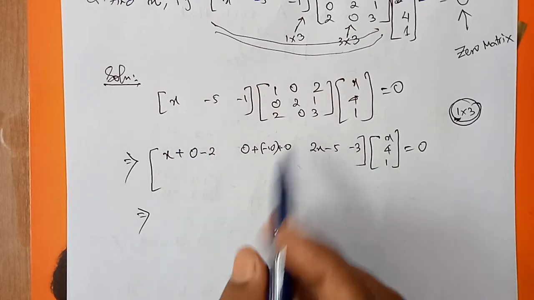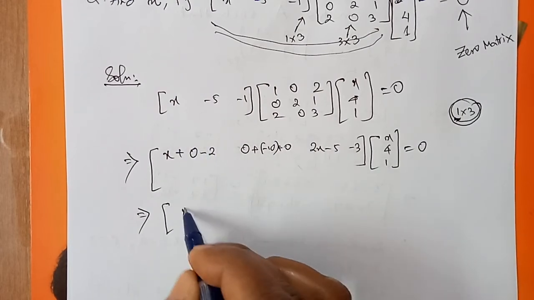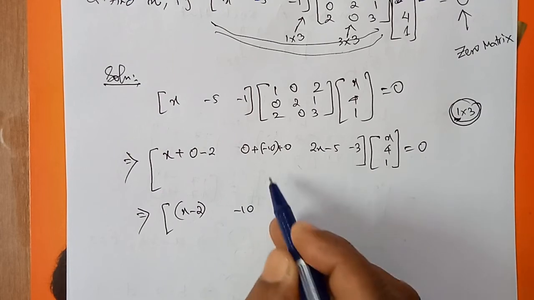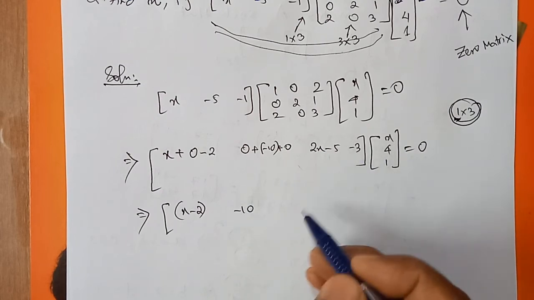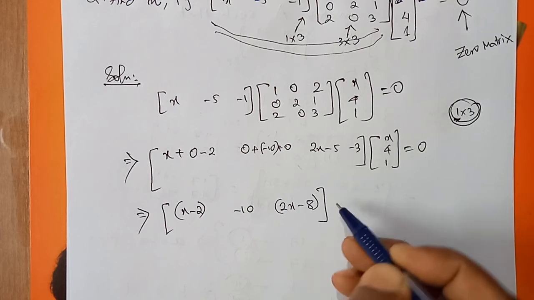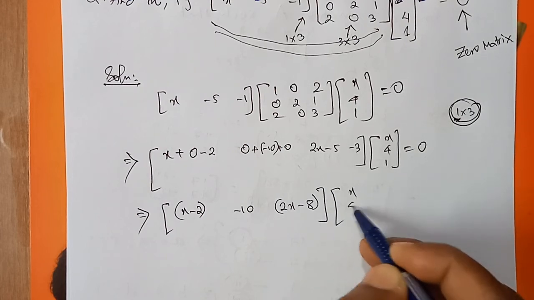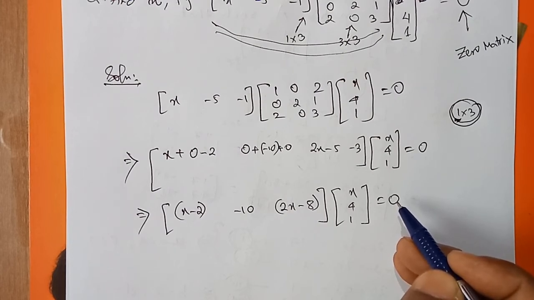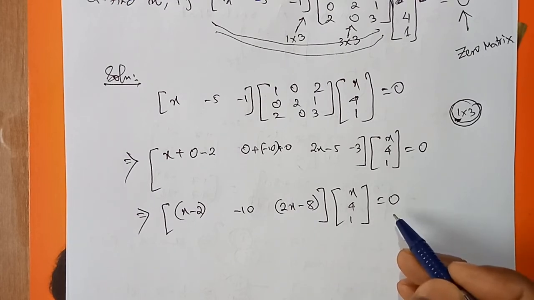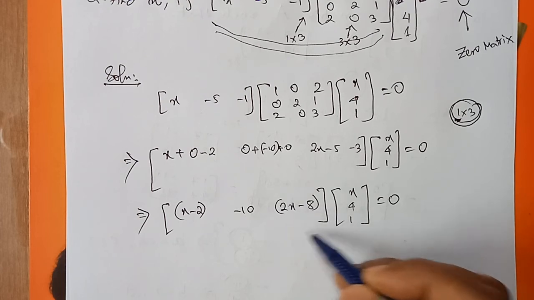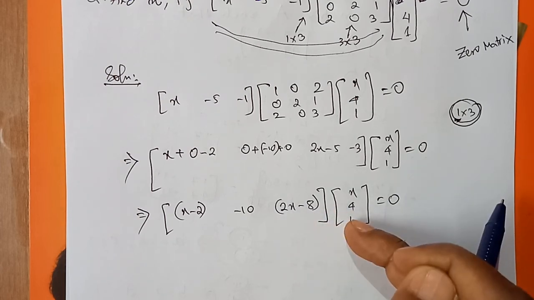The product of the first two matrices will give you x minus 2, then here minus 10, and here 2x minus 8, then here x 4 1, then here 0. After that, the product is coming for these two matrices.